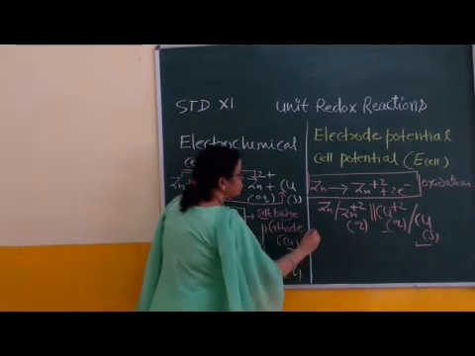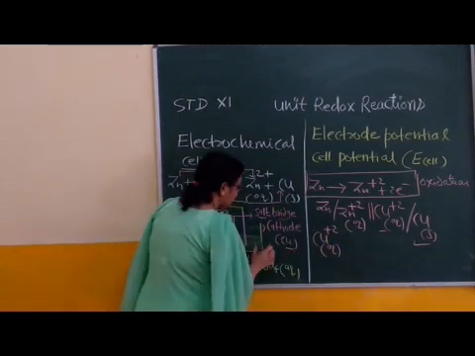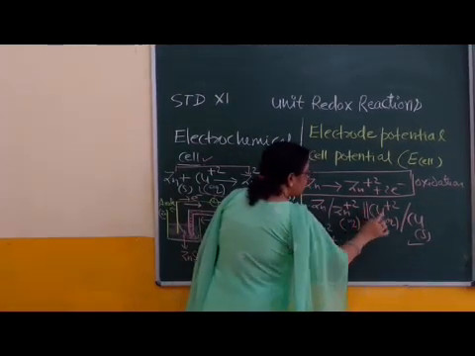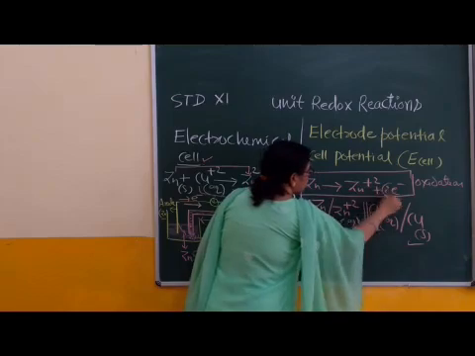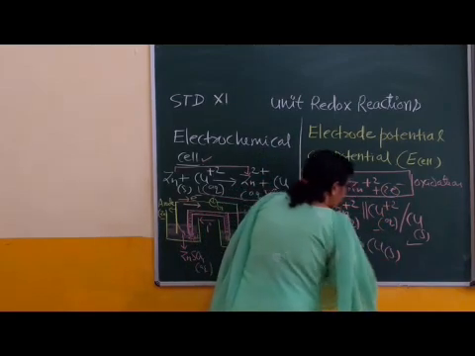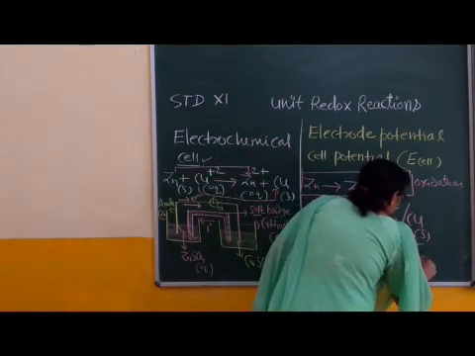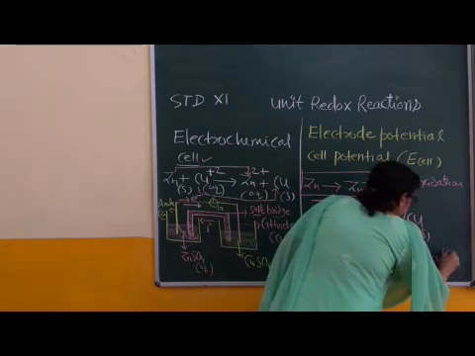Then what happens? The second is the reduction process. Cu2+ copper ions are present in aqueous medium, plus 2 electrons, and are reduced into copper metal. This is the reduction half.